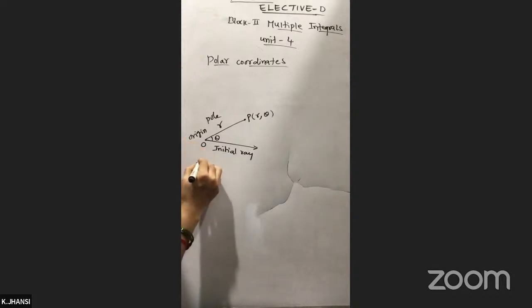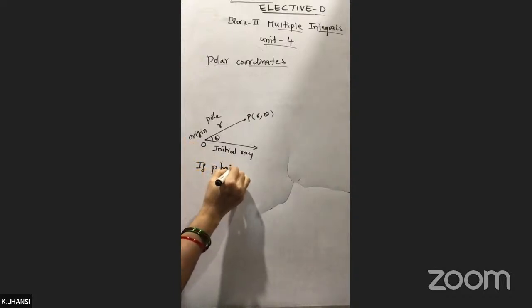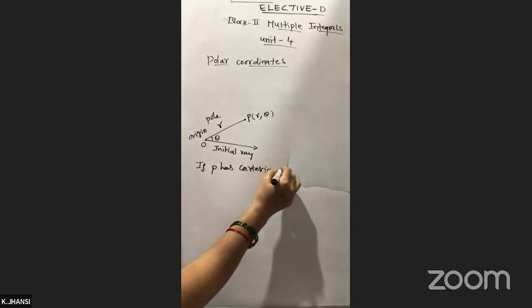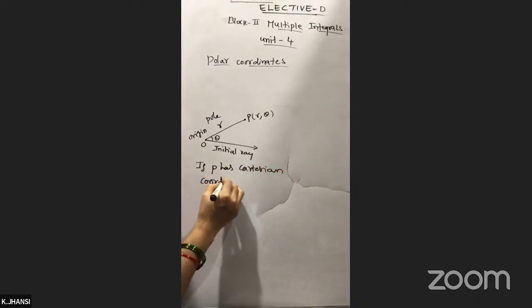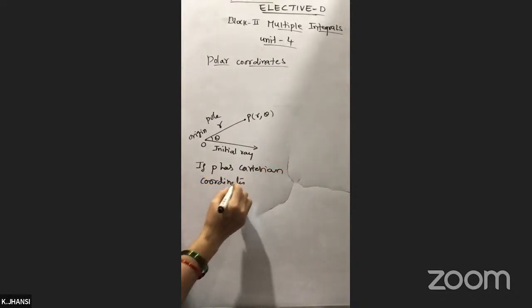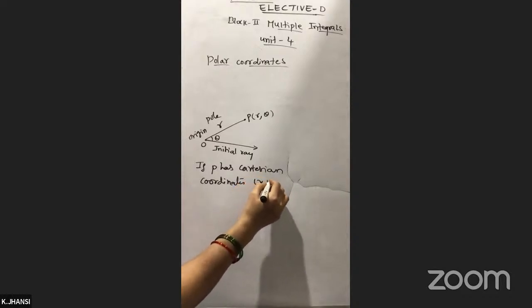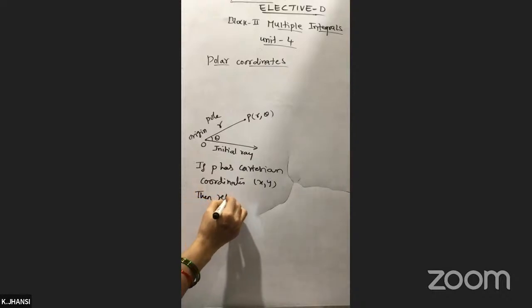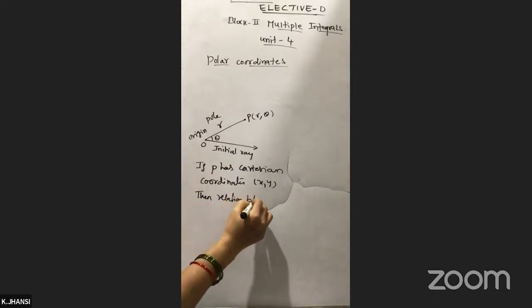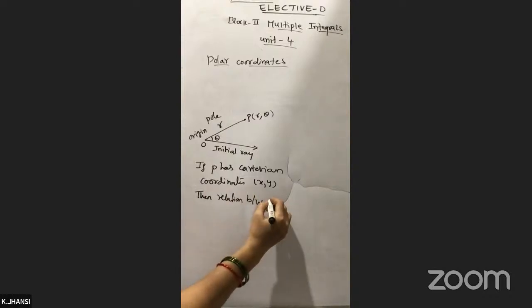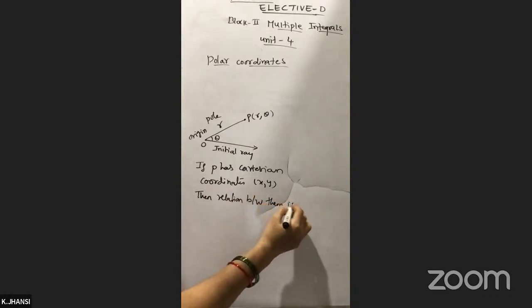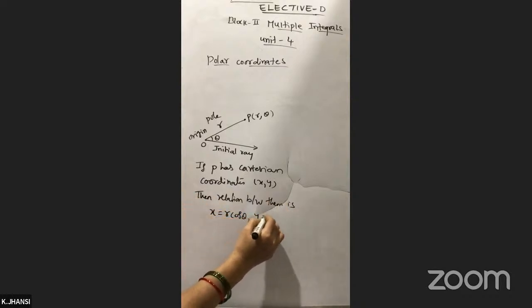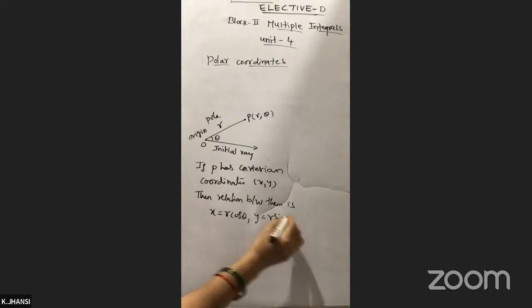So if P has Cartesian coordinates x comma y, then the relation between them is x equals r cos theta and y equals r sin theta.